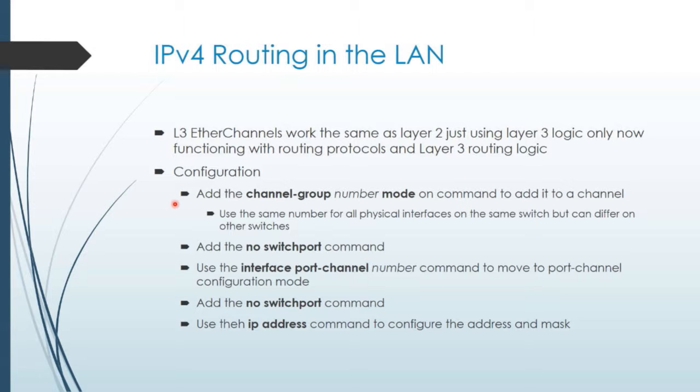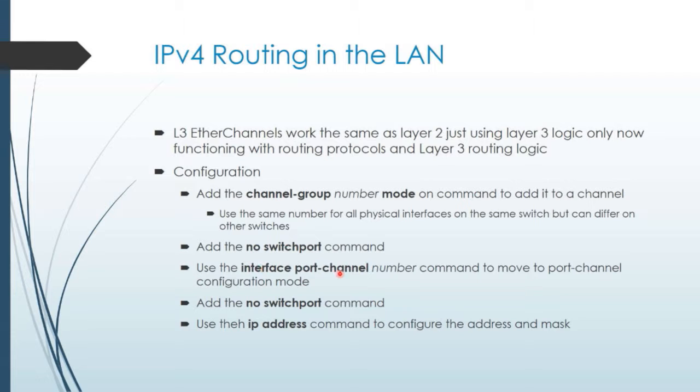That's an interface configuration mode once it's been turned into a routed port. Now, you do want to use the same number for all physical interfaces on the same switch, but you can have different numbers on different switches, albeit that it's easier just to keep it the same across the board. Okay. Add the no switchport command. That's required because we're configuring that as an EtherChannel.